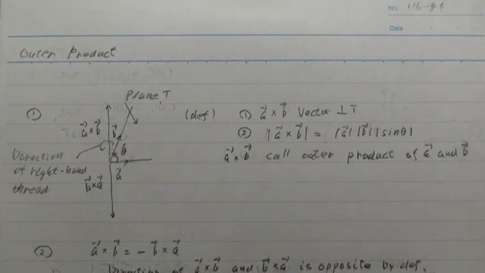This is called the outer product of vector A and vector B.